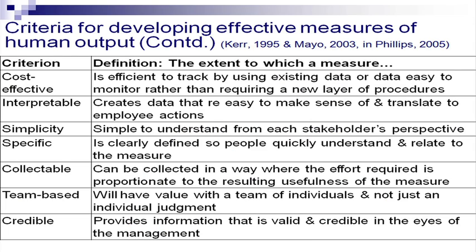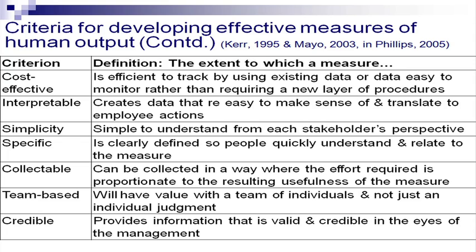It should have the value of a team of individuals and not just an individual judgment. One person's judgment is not enough to decide whether a person is performing well or not. Whatever is collected in terms of the performance measure should be based on team judgment rather than on individual judgment, and it should be credible.